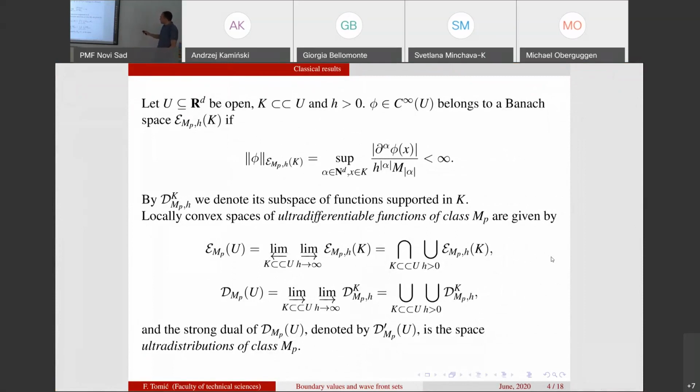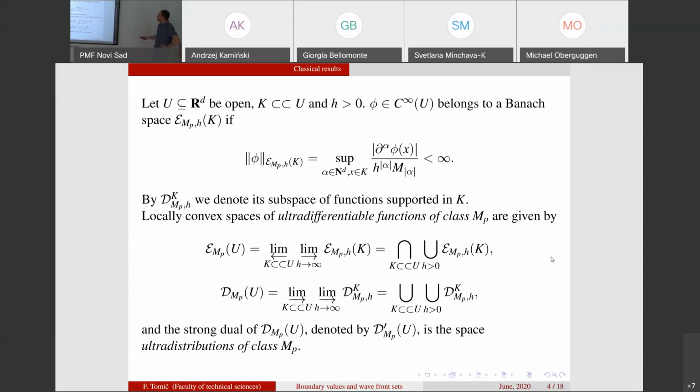If we are not interested in topology, but in these settings we usually are, and we just observe these spaces as sets of functions, then the projective limit is an intersection and the inductive limit is a union.